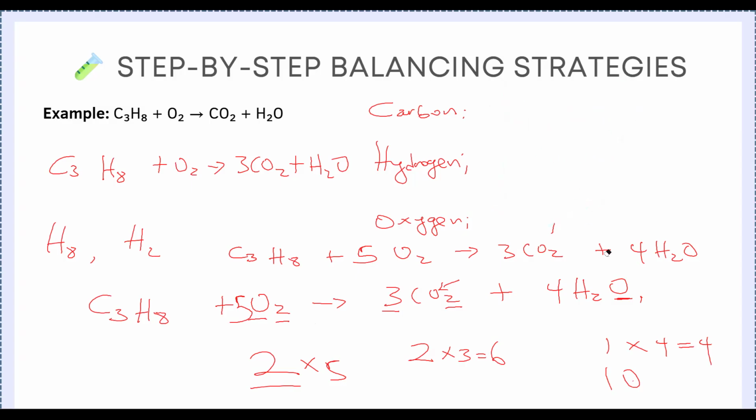So let's go ahead and find that out right now. First things first, we're going to go with carbon. We have 3 atoms of carbon on the left and also 3 atoms of carbon on the right. Carbon is balanced. Hydrogen, we have 8 atoms of hydrogen on the left, and also over here you can see 8 atoms of hydrogen on the right.